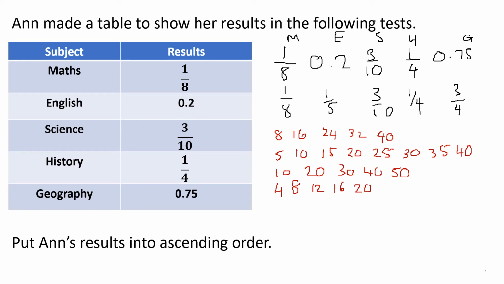I'm going to extend because I can see from my last 2 times tables that most likely 40 is going to be a common multiple. So we've got 24, 28, 32, 36 and 40. Yep, so we've got 40 in our 8 times tables, 5 times tables, 10 times tables and our 4 times tables.